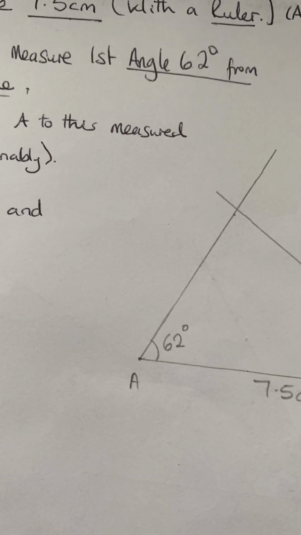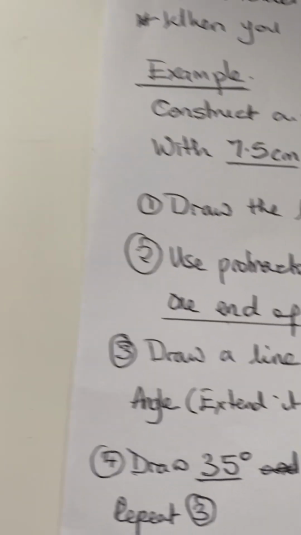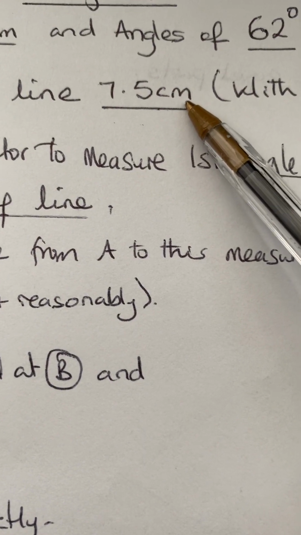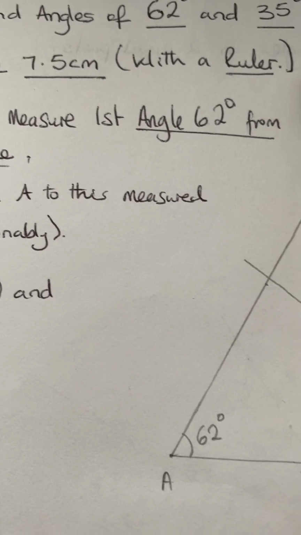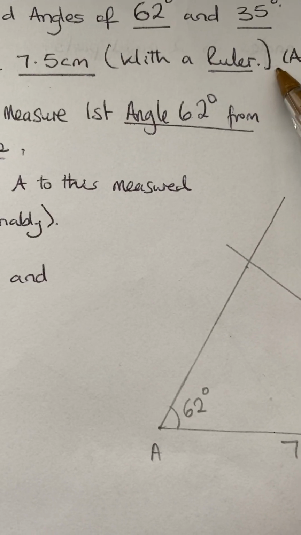So I'm just going to remind you, we'll do a few examples, okay? First of all, you draw the line that you've been given with a ruler. You draw the line AB.